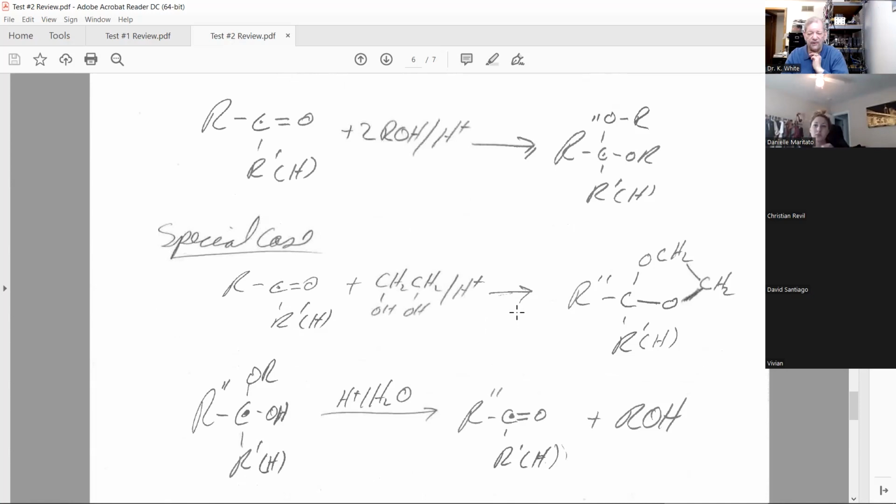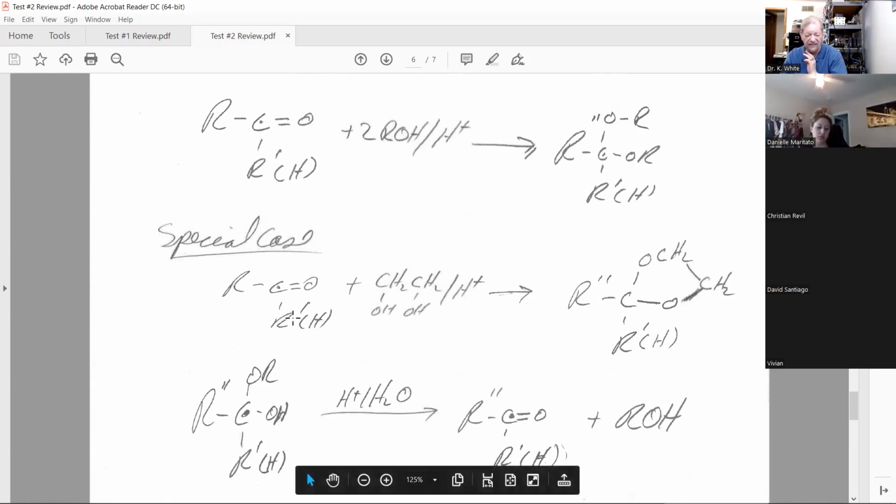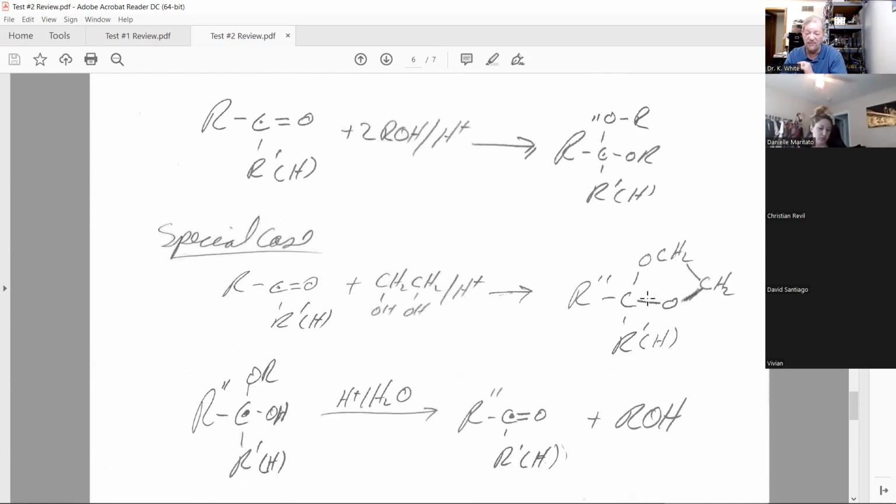And here we have a ketone or aldehyde, ethylene glycol, acid, and we form this acetal or ketal. Notice the R groups are CH2, but they're bonded together. And students forget this bond like I had on test number 2. Don't forget it.